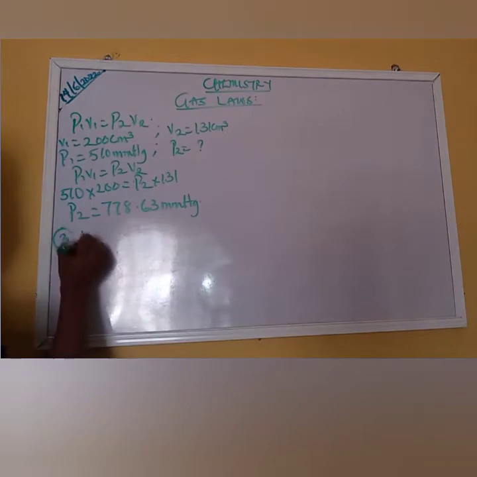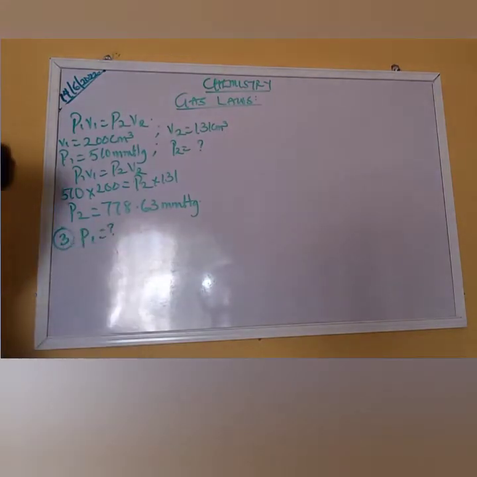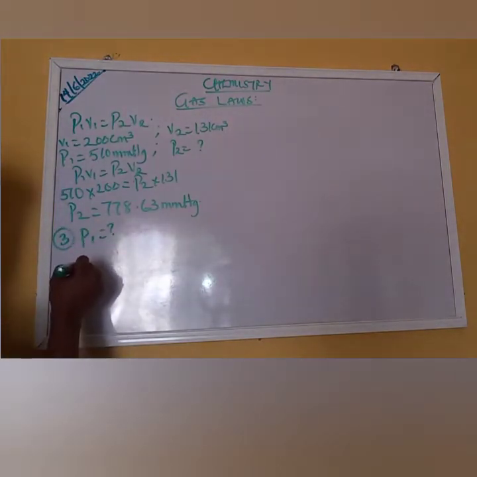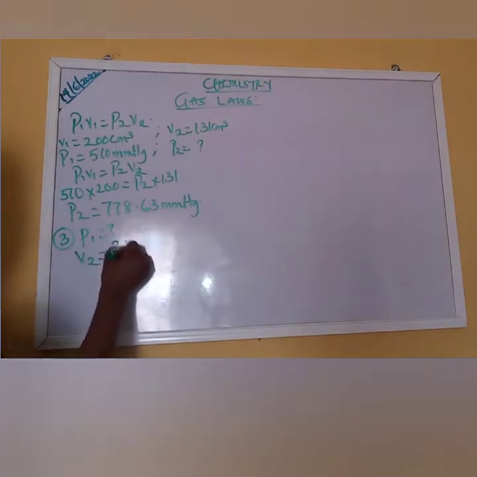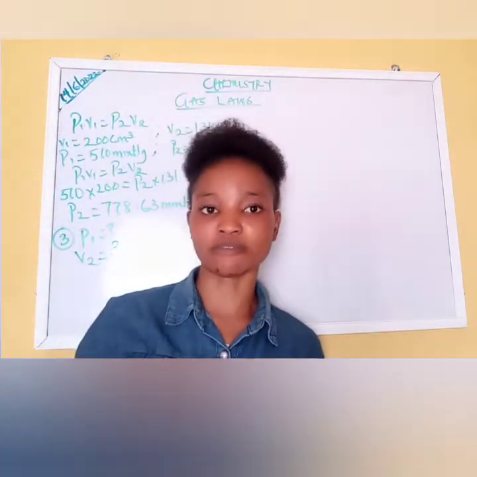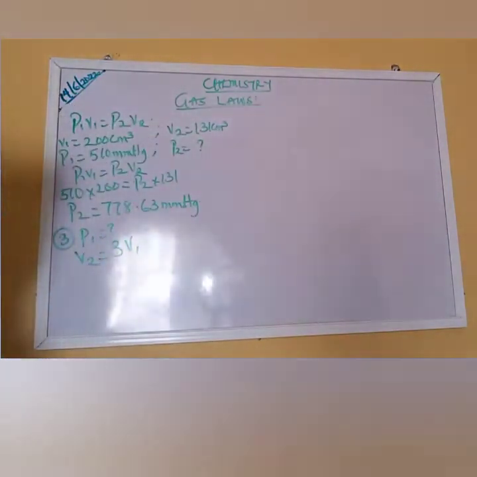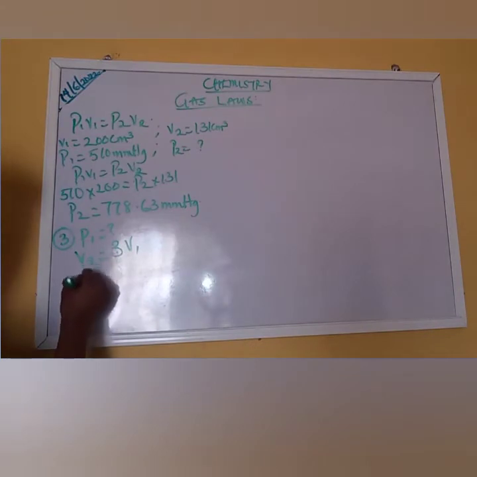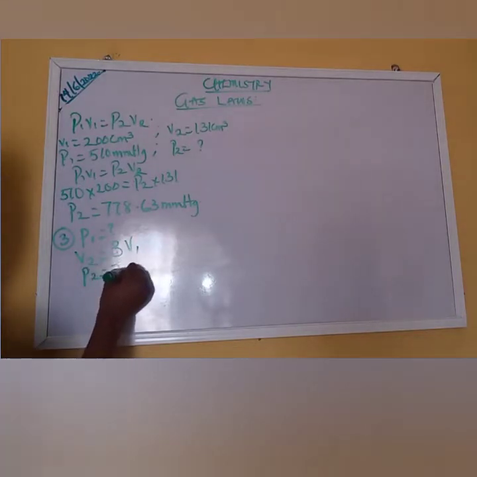Number 3, my P1 is unknown. Checking through the question, I was made to understand that my V2 is tripled. That is, my V2 is 3 times the value of my V1. So my P2 is 3 ATM.